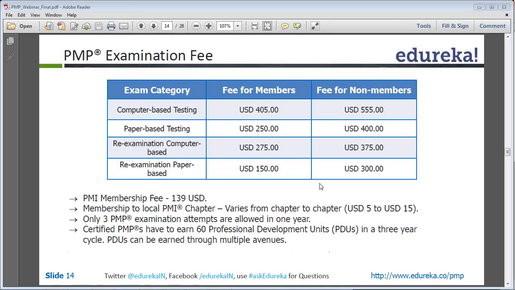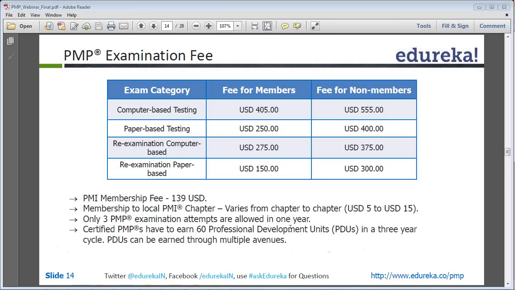Now you have to understand that this particular exam, you can reattempt 3 times in a year by paying the fees, obviously. But once you pass, the certificate is valid for 3 years. At the end of 3 years, you have to continue the certification.